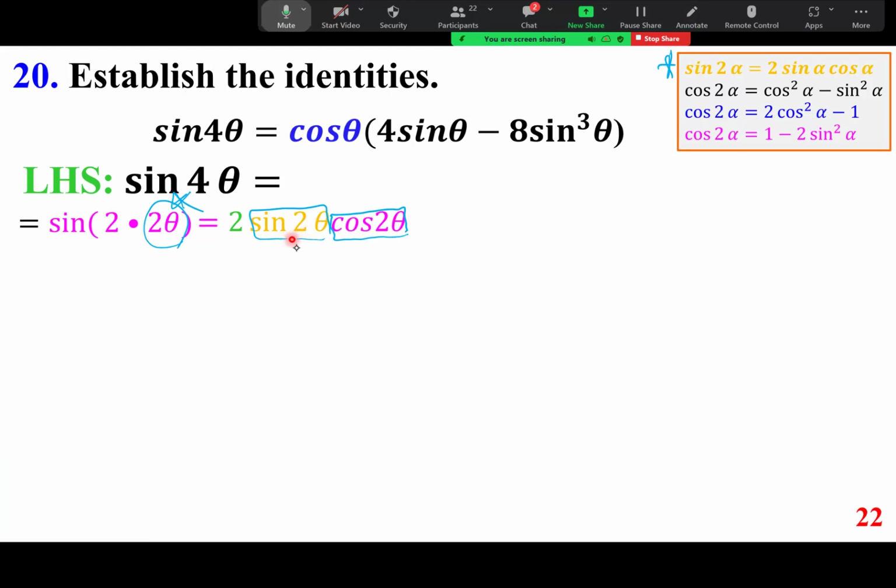Sine of 2 theta is 2 sine theta, cosine theta. Cosine of 2 theta, we are going to use 1 minus 2 sine squared. So this, of course, becomes simply 4 sine theta, cosine theta. And this is 1 minus 2 sine squared.